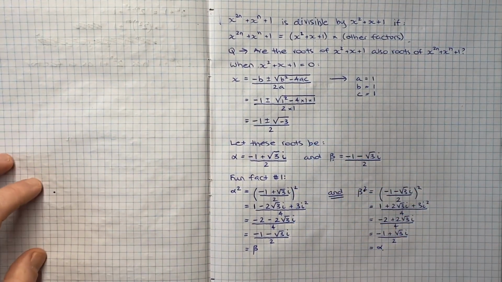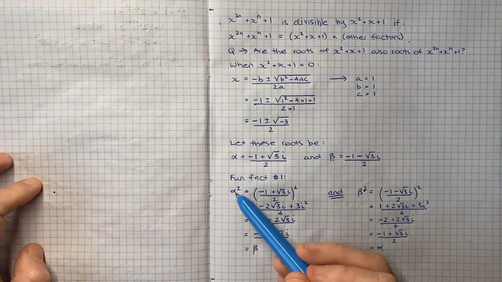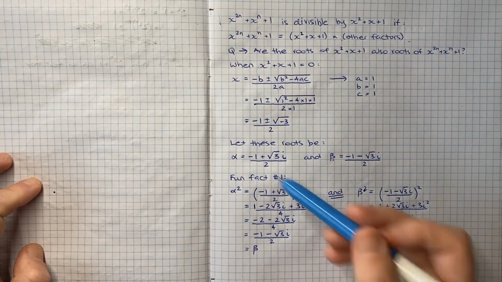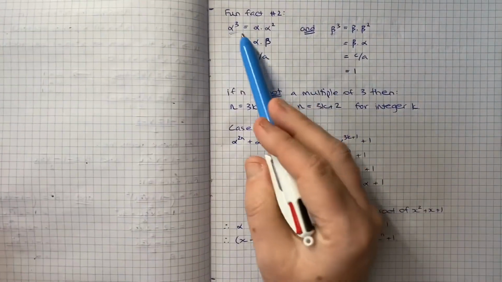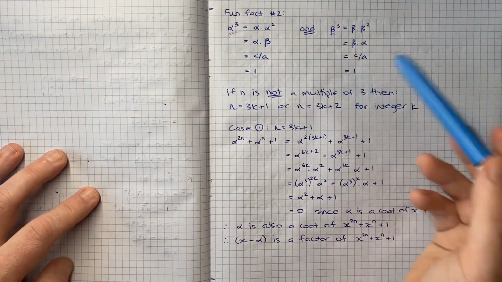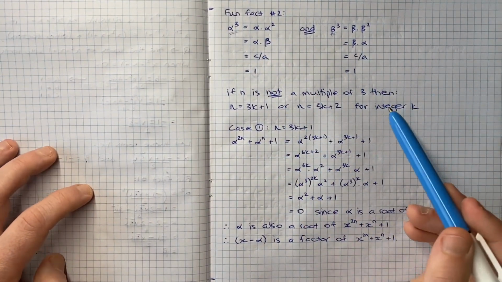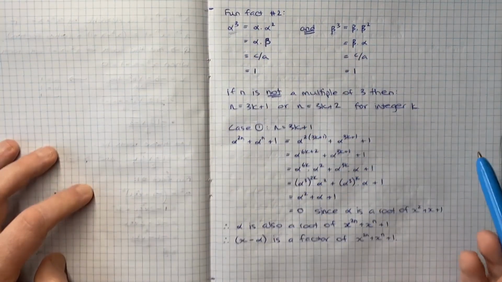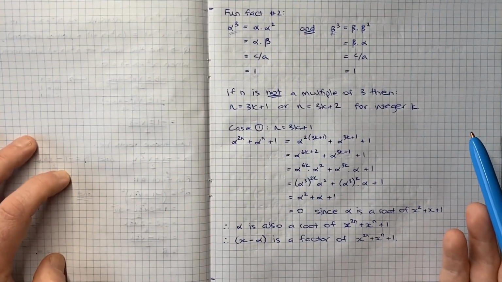I had to work through quite a few steps to get there, and it might not have been completely obvious to think about these fun facts, although the reality is, as you work through, you have to eventually grapple with what alpha squared is and what beta squared is and what alpha cubed is and what beta cubed is, and as you can see, it's not a huge amount of work to work those out. So you might not have put them as cleanly as a side step to start with, but you would have got there eventually. And from there, it's pretty simple algebra.